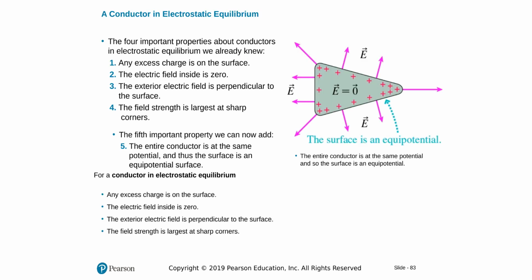Alright, so we learned something new. We learned that electric field is always perpendicular to the equipotential surface. We learned also before that for conductors, charge is always pushed to the outside, to the surface, like this figure here, and electric field is 0 inside.